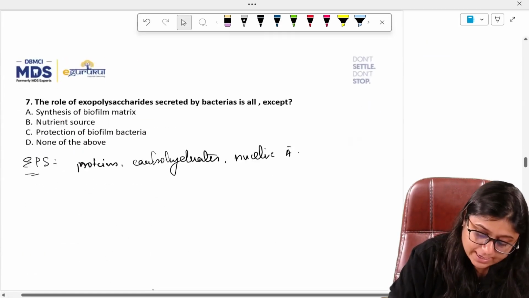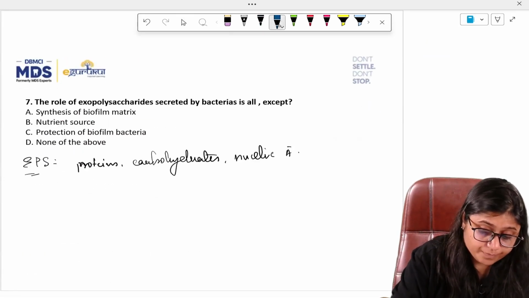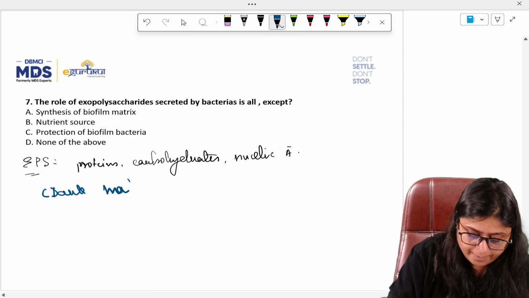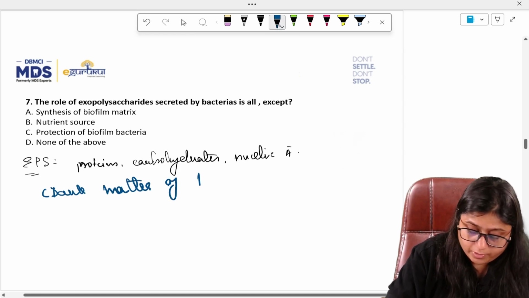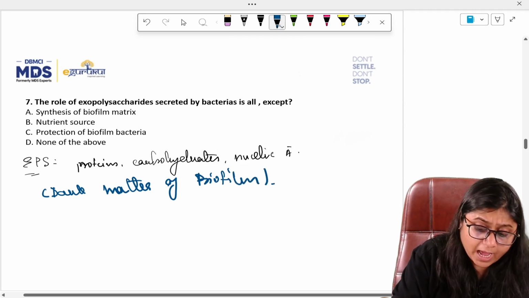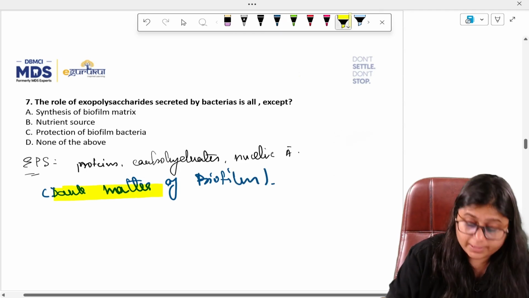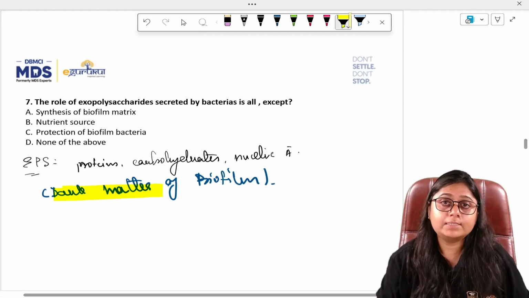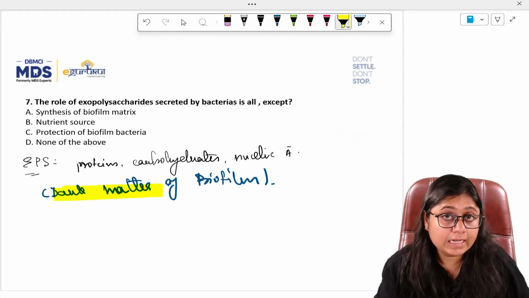You have to remember that this is the dark matter of biofilm. Why is it called the dark matter of plaque? Because till now the exact composition of this exopolysaccharide has not yet been completely understood.